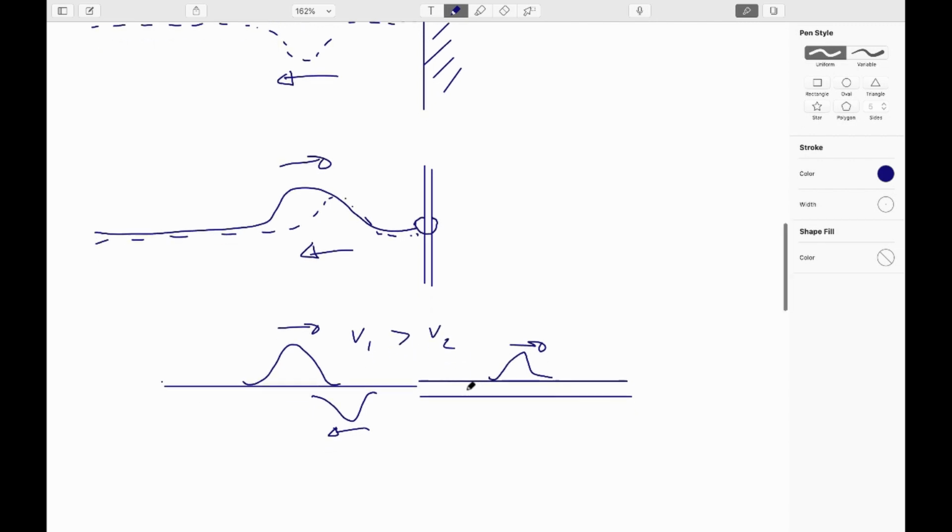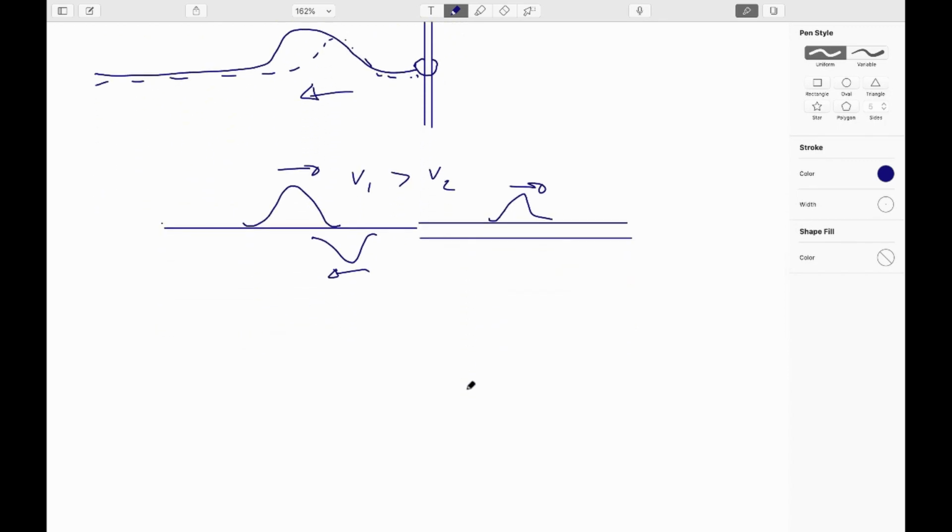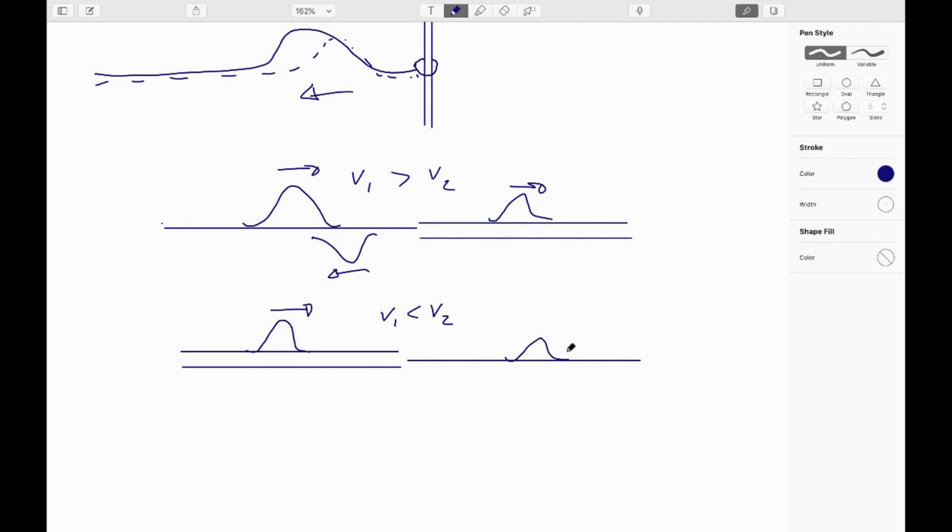And if you were to reverse this, say this was the thicker string here, going to a bit of thinner string, so the wave speed is slower in the incident medium, then what will happen is the pulse comes in, the transmitted pulse will still go through right side up, but now the reflected pulse will also come back right side up.